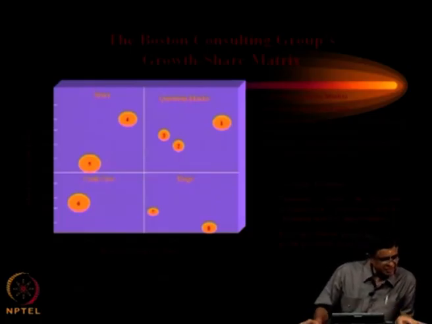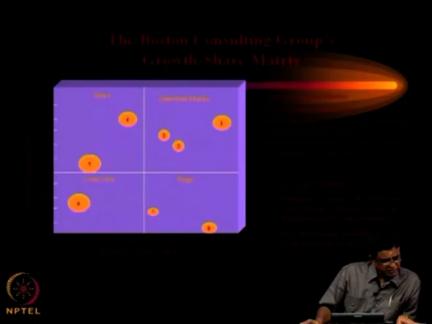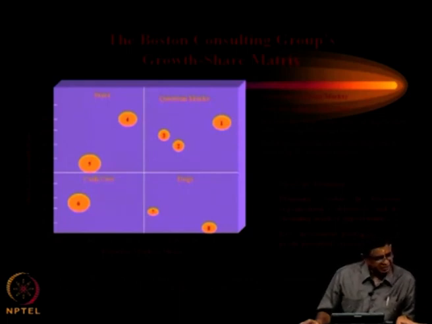And the radius of the circle is given by r equal to root of (p times R squared), where capital R is a numeral proportional to the sales of the company and small p is the sales of the business unit as a percentage of the total sales of the company. Both these figures you should have from the company side in order to draw this circle of the business unit. This is how you would go about it.